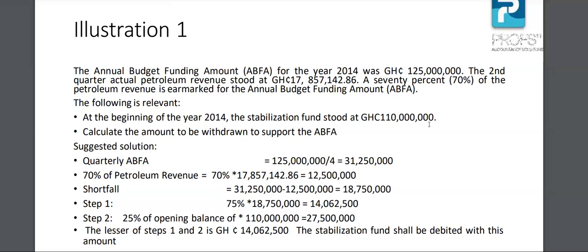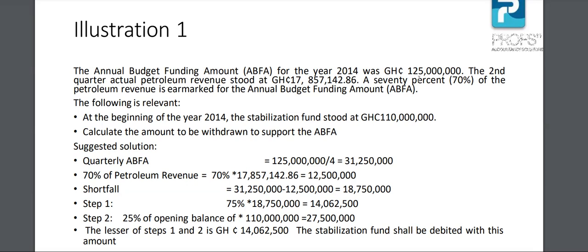And we need to compute it based on a quarterly basis. So for the quarterly ABFA for the year 2014, we're only given the yearly amount. So we need to divide by 4 to get a quarter, which is 31.25 million. Then in the second quarter, we were given the actual petroleum revenue, but we were not given the ABFA.